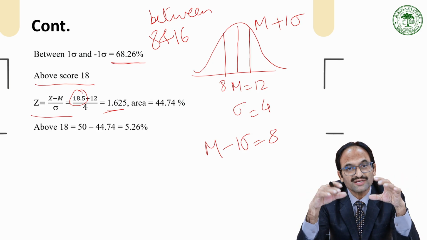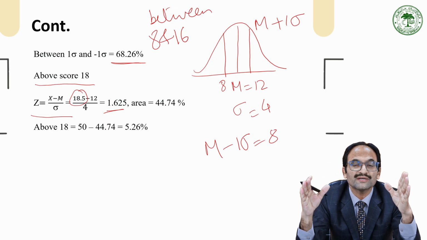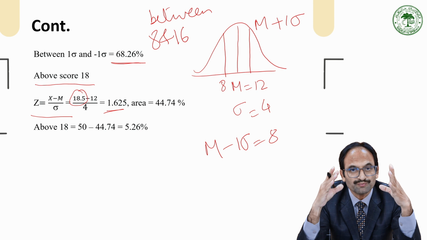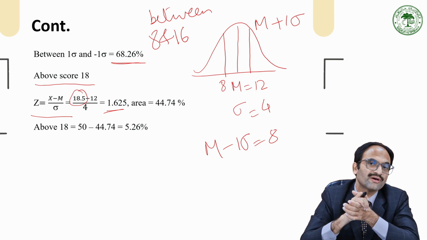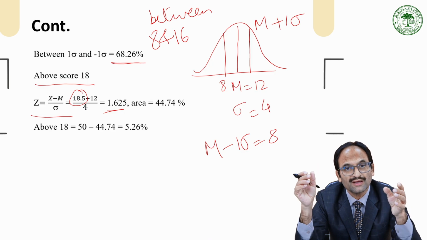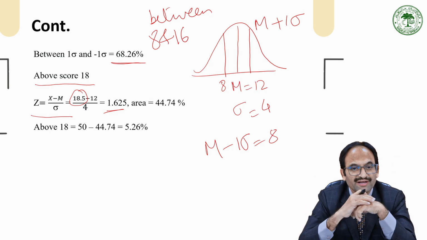Now, after calculating the Z score, you will open the table. I am taking a pause. You open the table of the normal probability curve. In this table, see the first column, where scores are given.